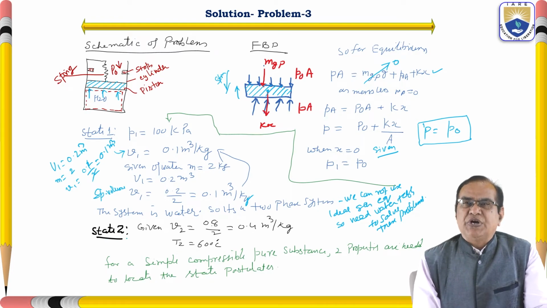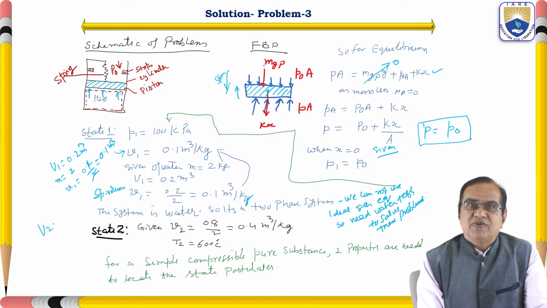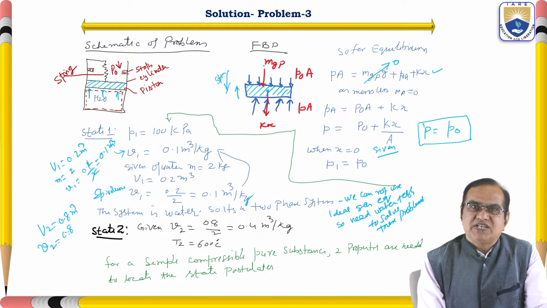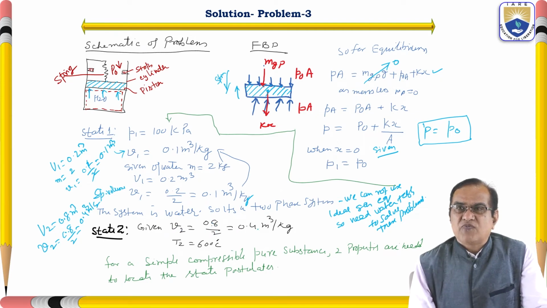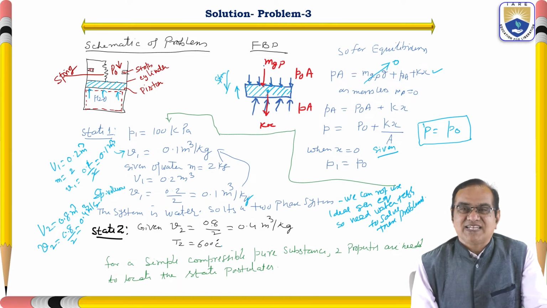Now for state 2, V2 is given as 0.8 meter cube. So small v2 is equal to 0.8 divided by 2, which is 0.4 meter cube per kg, and T2 is given as 600 degrees centigrade. So the second condition is also given.